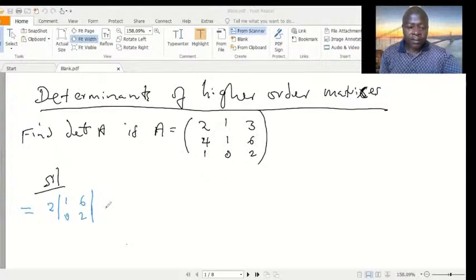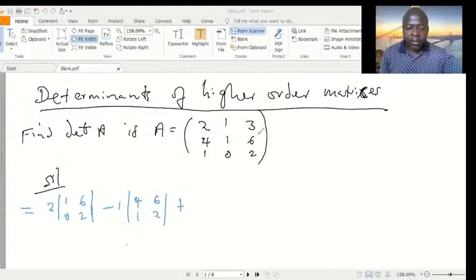Then minus 1, that is the second element. Minus 1. I'll tell you where the minus is coming from. Delete the row of 1 and the column of 1. The matrix that remains is 4, 1 and 6, 2.